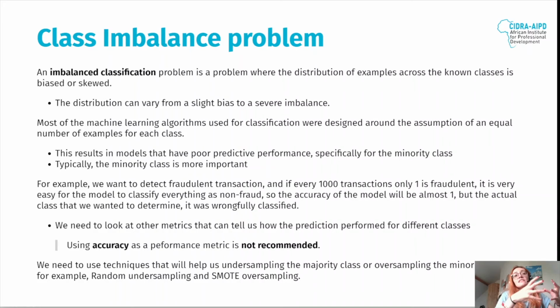And this is a problem because most machine learning algorithms used for classification are designed around the assumption of an equal number of examples for each class. So the result is going to be models that have poor predictive performance, specifically for the minority class. And usually the minority class is more important, right?